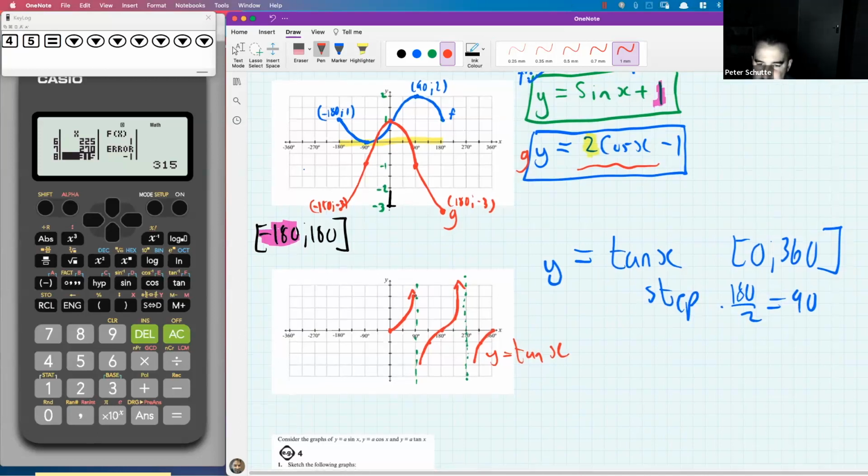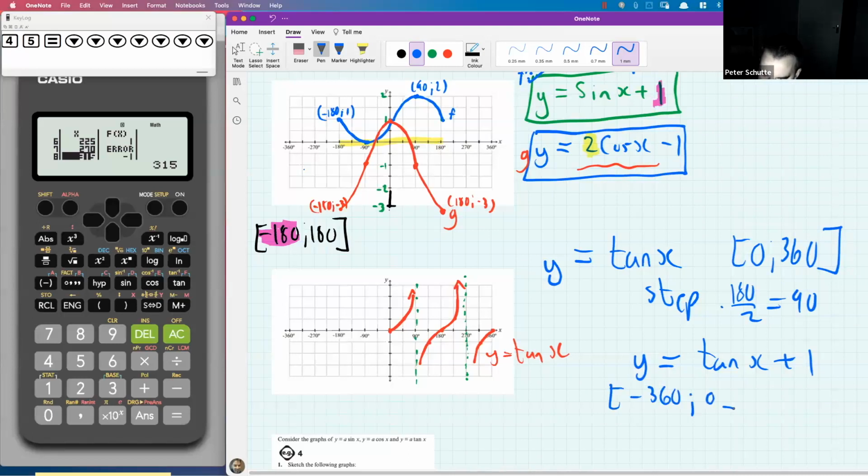All right. Let us draw the graph of y equals tan x plus 1. And I want you to draw this on the domain -360 to 0.